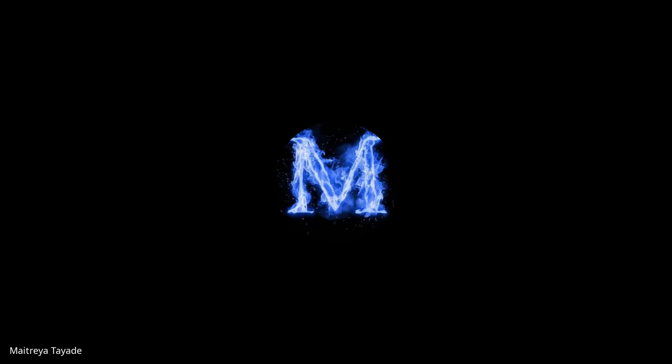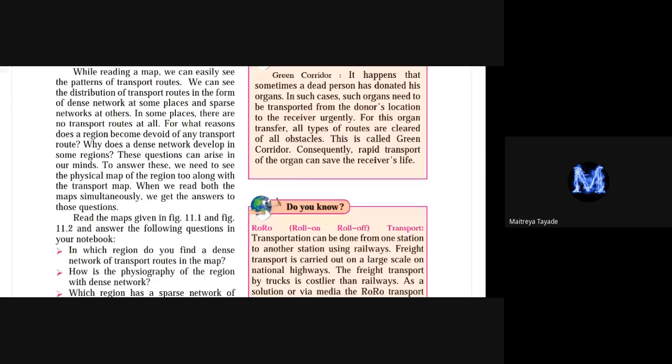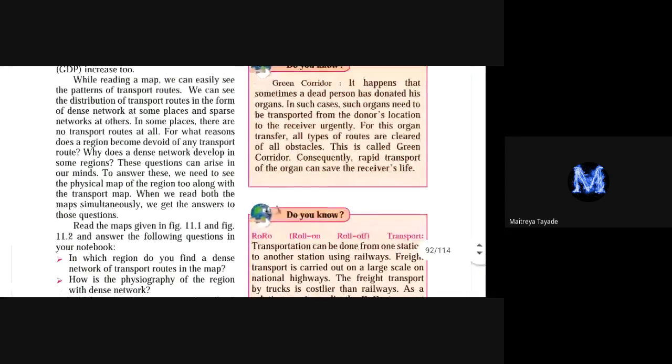These questions can easily arise in your mind. To answer this, we need to see a physical map of the region too, along with the transport map, to find out why there is a dense network, why there is a sparse network, or why in some areas there is no network.